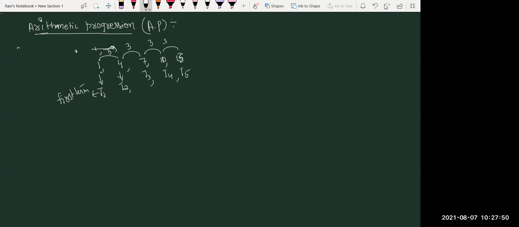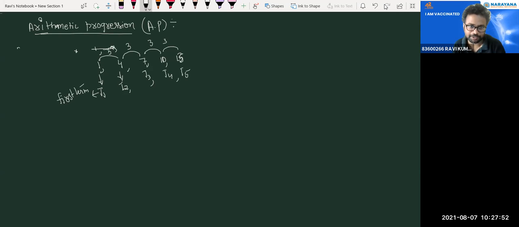Now the difference will be the same everywhere; you can check. When the difference is the same, then we can say the given numbers are in arithmetic progression. In the entire sequence, whatever they give, the difference must be the same.